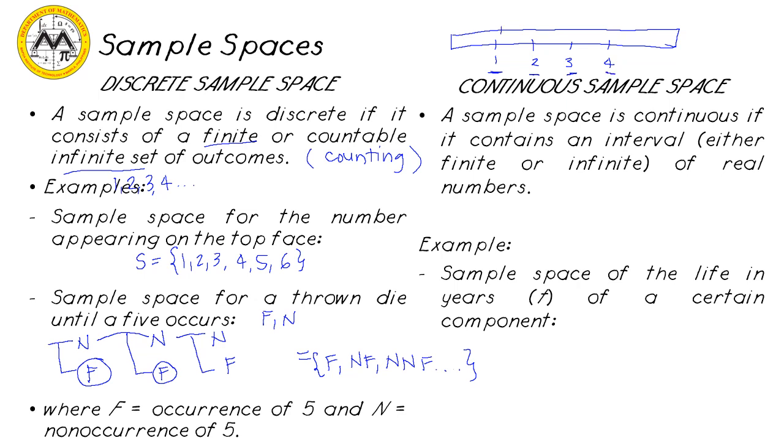But if we're going to accept that there are values in between 1 and 2, it would be continuous. So it would be discrete if in between 1 and 2 there are no other values, but if there are infinite values in between the interval, it would be continuous.